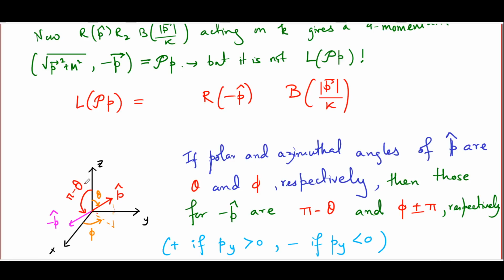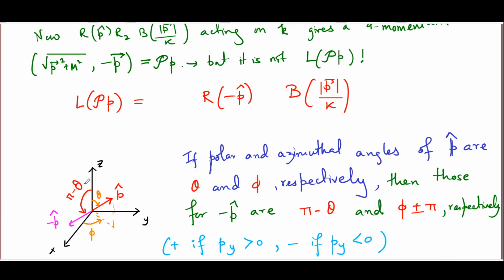It's very easy to see that if the py component were positive to begin with, then a rotation through an additional pi will keep the value of phi within 2 pi. So if py is positive, the azimuthal angle for minus p hat will be phi plus pi, and if py is negative, you are already on the other side, that is, you already have to go through an angle which is more than pi in order to turn the xz half plane to the p vector.